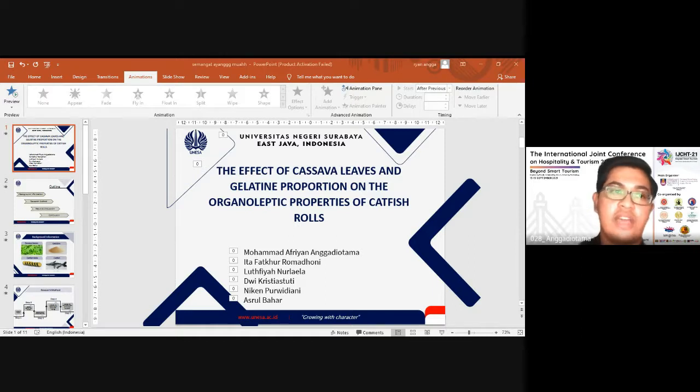Cassava leaf is a type of vegetable from the cassava plant, which is a good source of nutrition and easily available. The potential for cassava leaf to be used as food is very large.